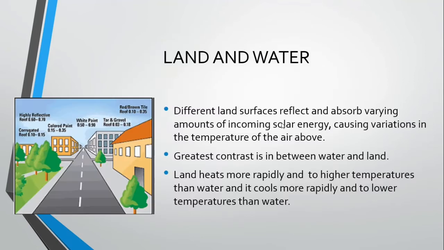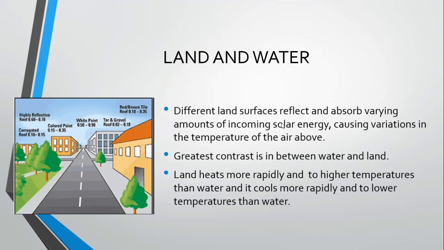We also have these factors. Different land surfaces reflect and absorb varying amounts of incoming solar energy, causing variations in the temperature of the air above. The greatest contrast can be seen between land and water. Land heats more rapidly to higher temperatures than water, and it also cools down more rapidly to lower temperatures than water.